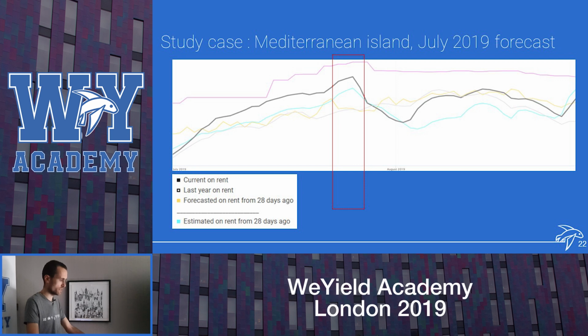Like the estimates show, we still compare the forecast in yellow, the 28 days estimate in blue, and the actual value in black. And here, it's an opposite example. The estimate is below because, like I told you, when we add the last year pickups, we cannot reach what we reached this year.